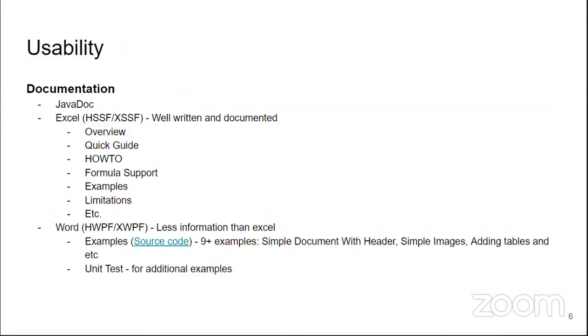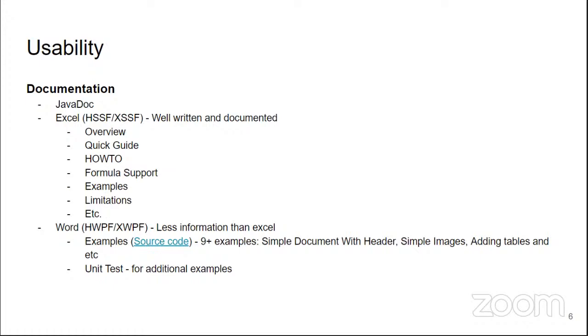Let's continue and see how usable this tool is. About documentation for Excel, it's well-written. There are some quick guides on how to do such simple stuff, with examples and instructions.